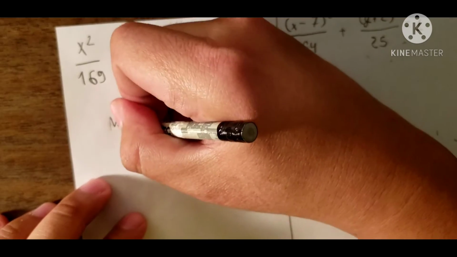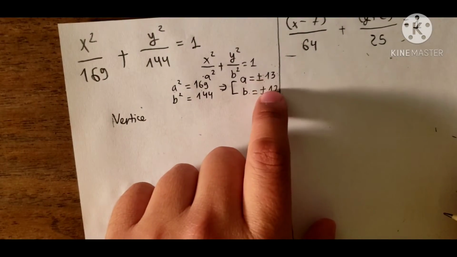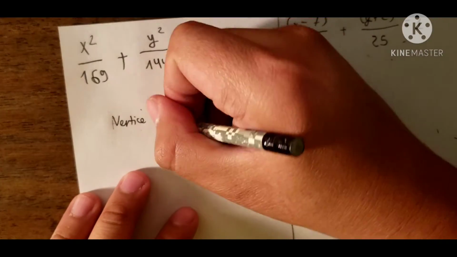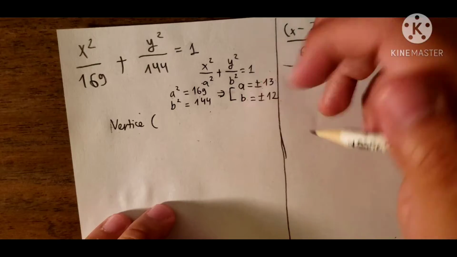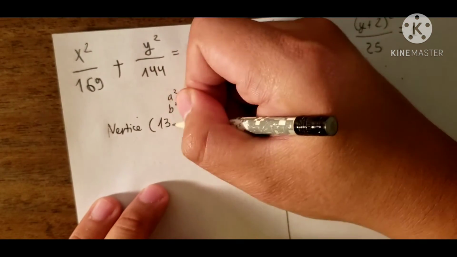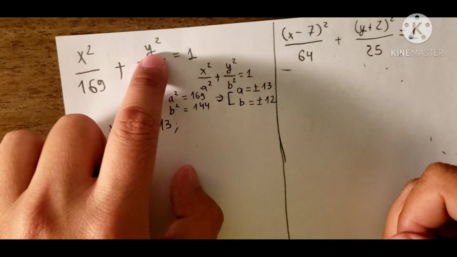so that the first we need to find about the vertex, because 13 is higher than 12, so that 13 is related to the x, so the vertex in here is about 13. But we have x power 2 and y power 2.